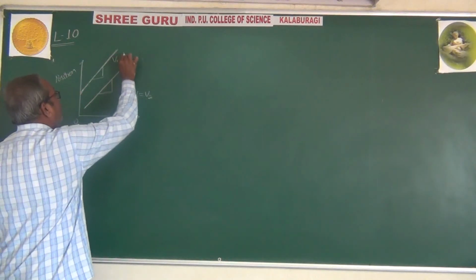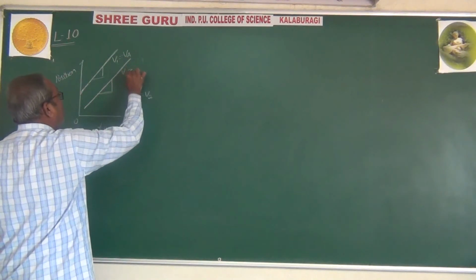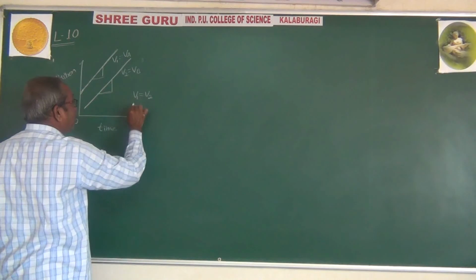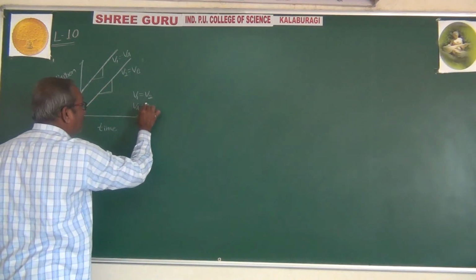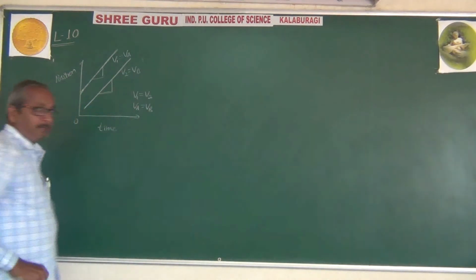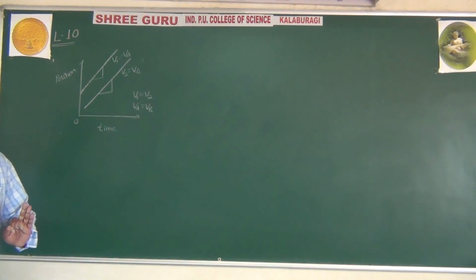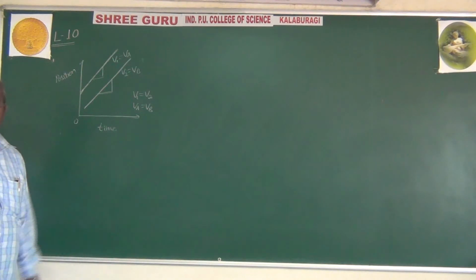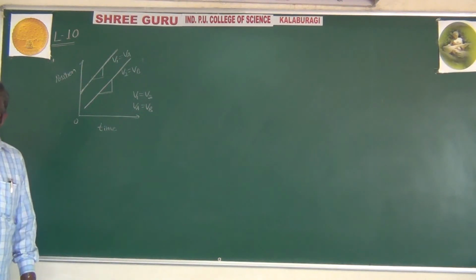Or v1 equal to va, v2 equal to vb. So here va equals vb, and both are moving in the same direction.